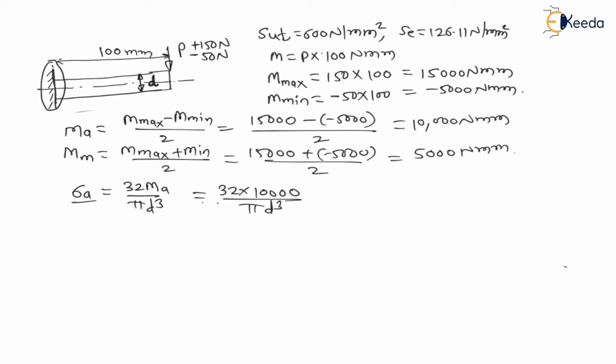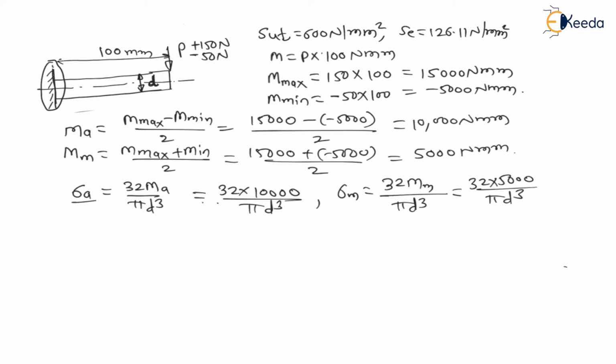This diameter we have to find. And the mean stress is 32 into the mean bending moment, 5,000, divided by pi d cube, and this diameter we have to find.